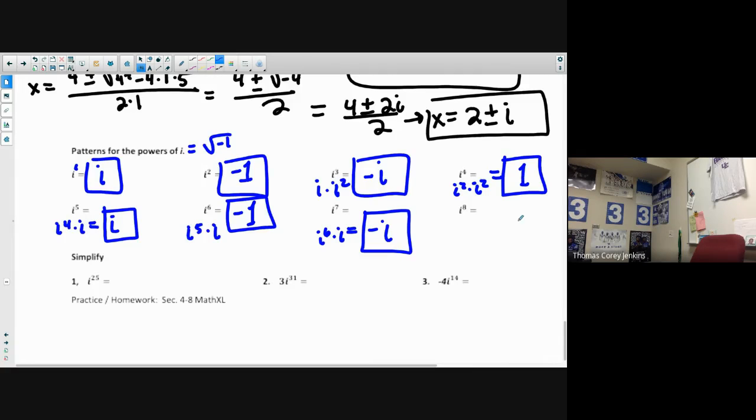So go ahead and guess what i to the 8 is going to be equal to. So hopefully you guessed 1, and here's why that's true. It's equal to i to the 7 times i, right?